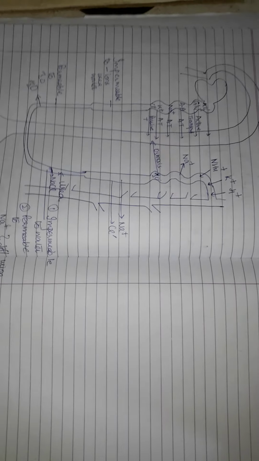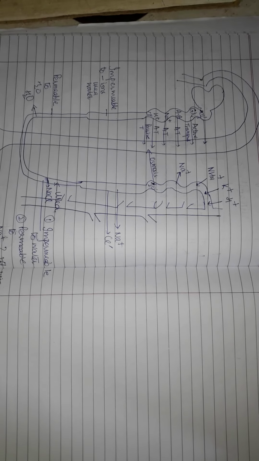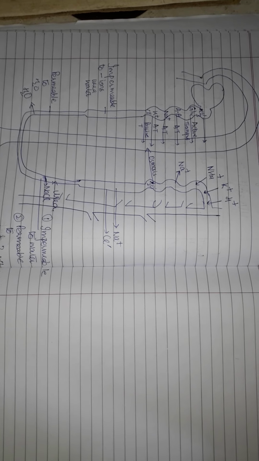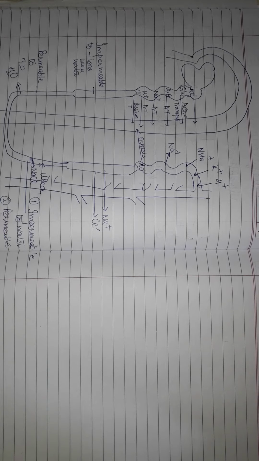Next is selective reabsorption. Now this is the diagram of the nephron and the blood vessel, as I have shown like this. In the ultrafiltrate there may be present several substances which are still useful to the body. They are reabsorbed back into the blood. How?